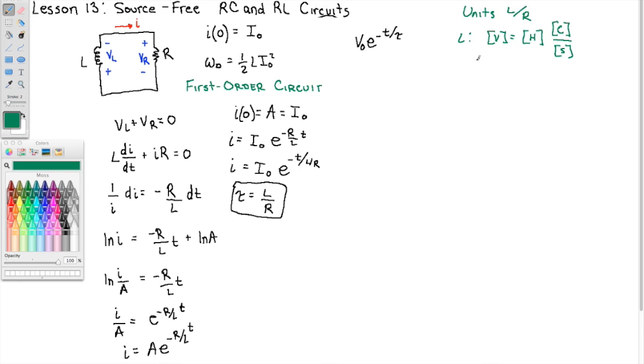So the L, the henry, is actually seconds times volts over coulombs. Excuse me. This is L di dt, di. So a change in not charge, but a change in amps. This is amps over here. So this is not charge. This is amps.